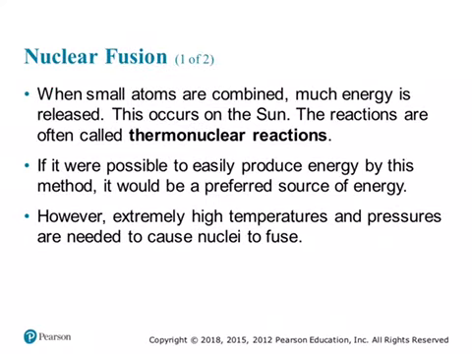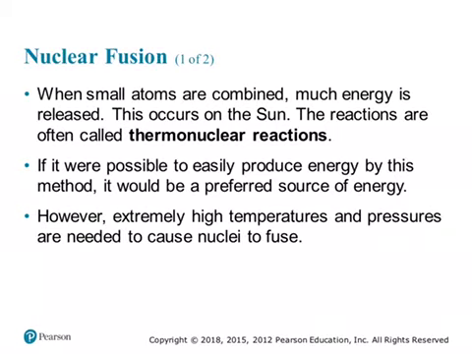Nuclear fusion, much different from fission, is when you're combining smaller atoms and a lot of energy is released. There's more energy released in fusion than in fission. This occurs naturally on the sun, and the reactions are often called thermonuclear reactions. If it were possible to easily produce this type of energy, it would be a preferred source of energy.